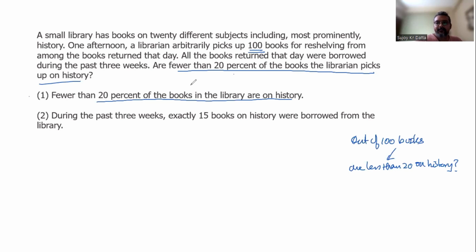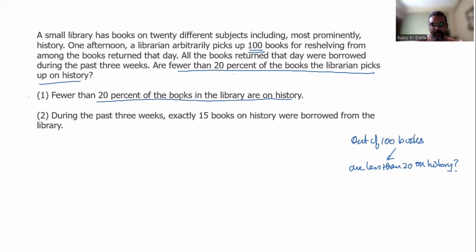But it is also possible that the 100 books picked up for reshelving were all on history. Then the answer to the question, are fewer than 20% of the books the librarian picks up on history, is no. But it is also possible that in the last 3 weeks only one book on history was ever borrowed.